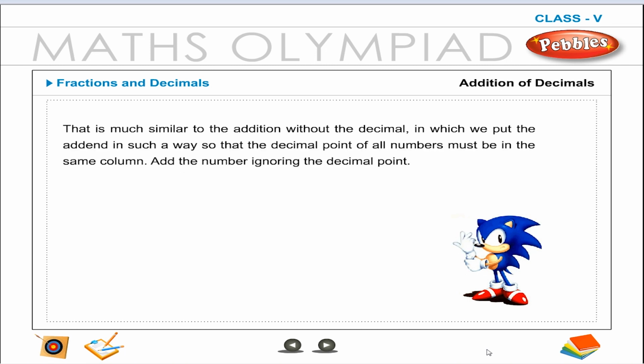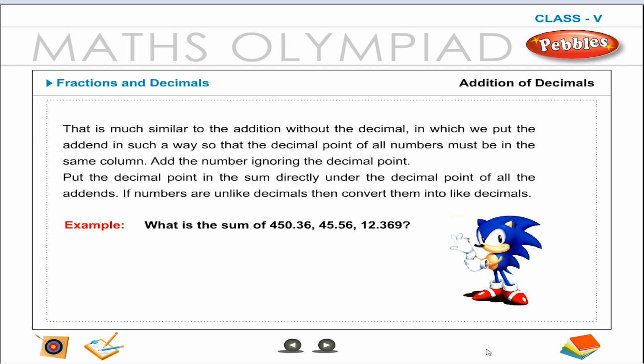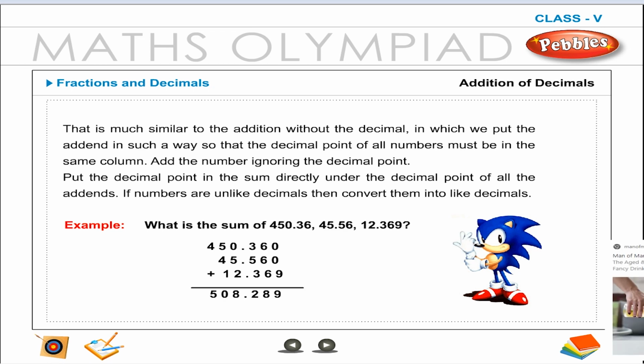It is much similar to addition of whole numbers, in which we put the addends in such a way that the decimal points of all numbers are in the same column. Add the numbers ignoring the decimal point. Put the decimal point in the sum directly under the decimal points of all the addends. If numbers are unlike decimals, then convert them into like decimals.